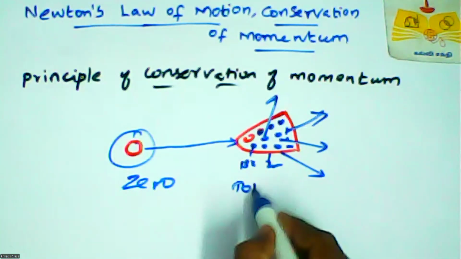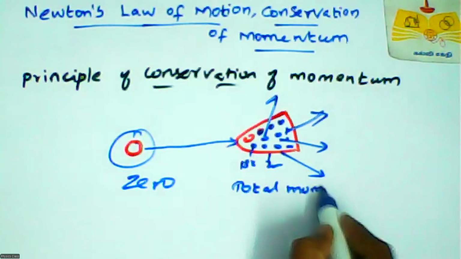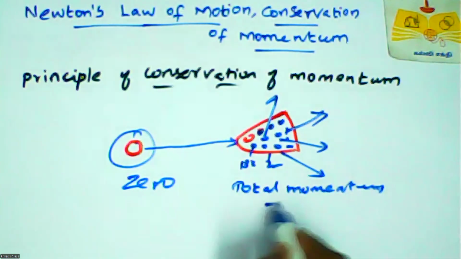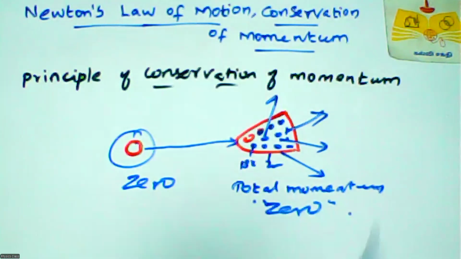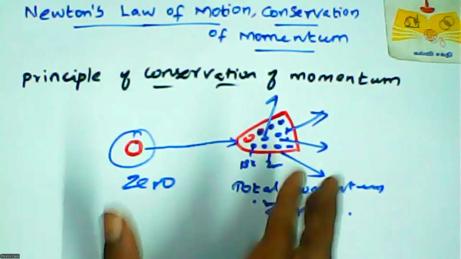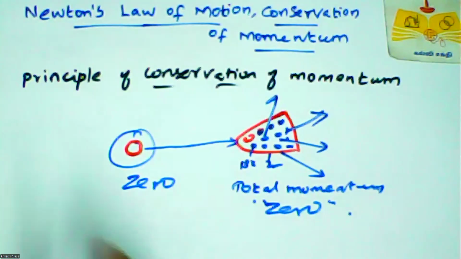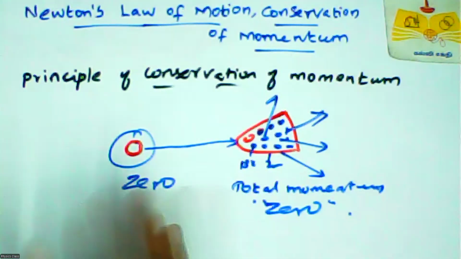The total momentum would be 0. So this is the law of conservation of momentum. The momentum is conserved. Conserved means it does not change. So before the collision, after the collision.